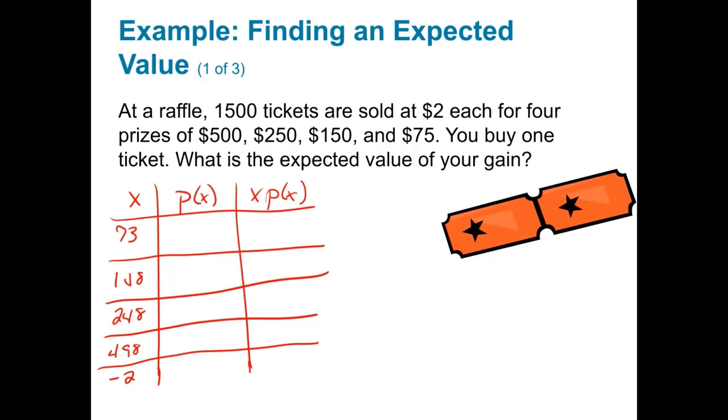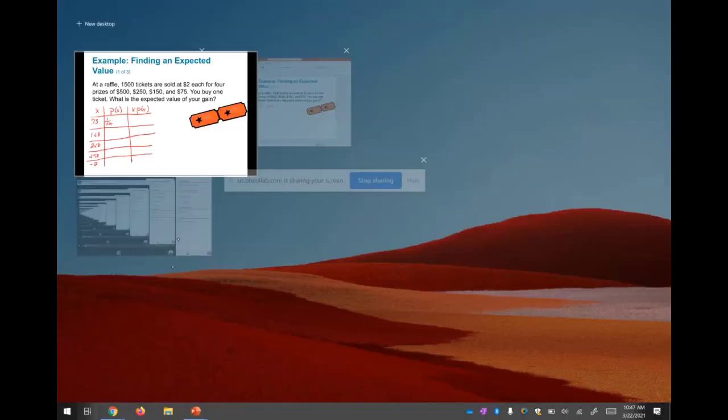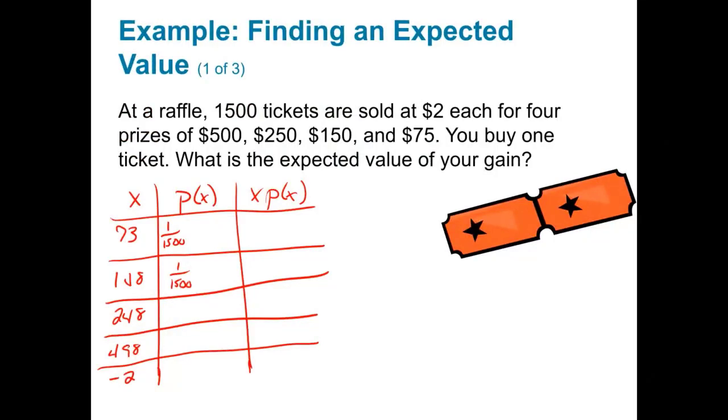So what's the probability that you're going to gain $73? You've got a 1 in 1,500 chance of gaining $73, which is winning $75. Good. You've got a 1 in 1,500 chance of gaining $148, a 1 in 1,500 chance of gaining $248, and a 1 in 1,500 chance of gaining $498.